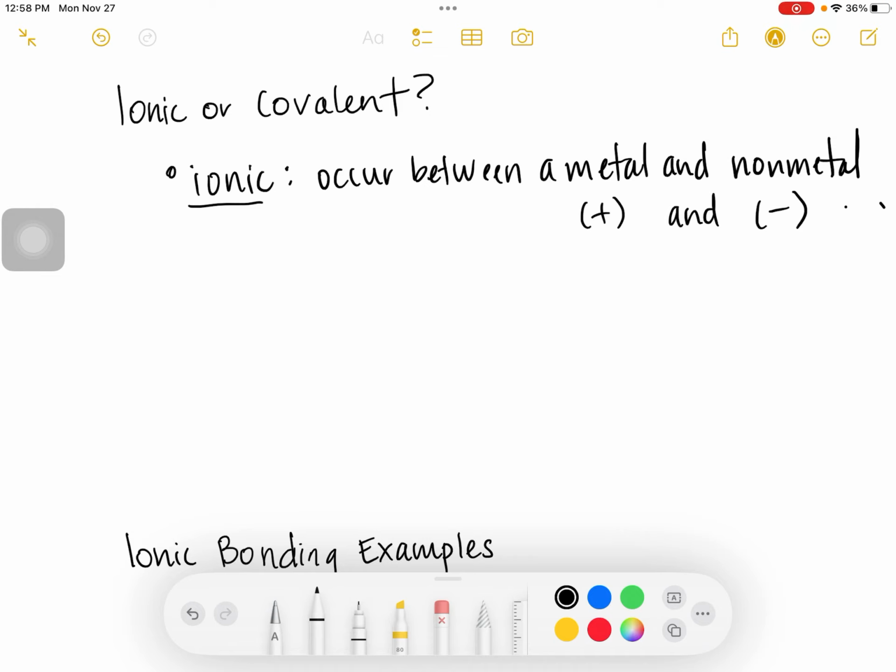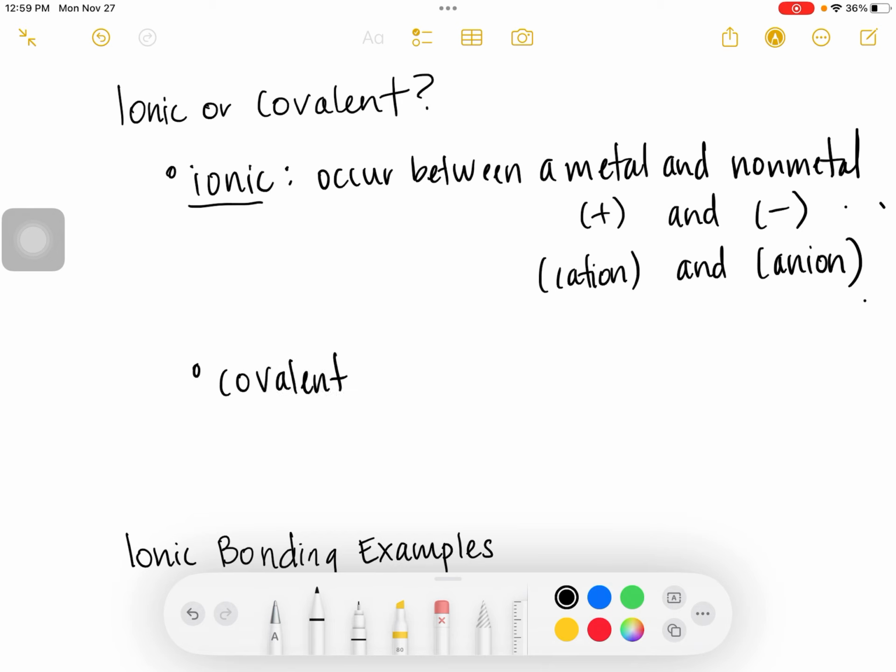And we know that the positive ion is called a cation, while the negative ion is called an anion. So there's pretty much 3 ways we can discuss ionic bonding in terms of who bonds ionically. We can say it's a metal and a nonmetal. We can say it's a cation and an anion. Or we can say it's a positive ion and a negative ion. So all 3 of those descriptions fall under who bonds ionically.